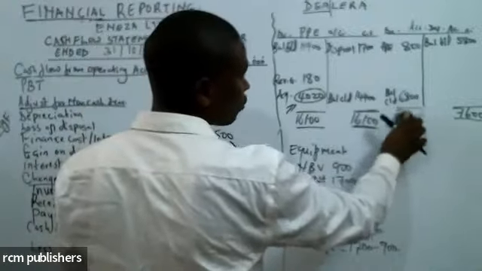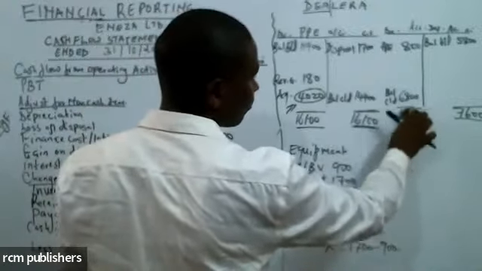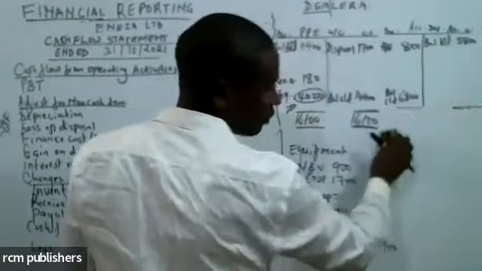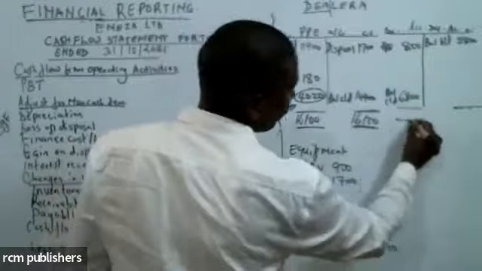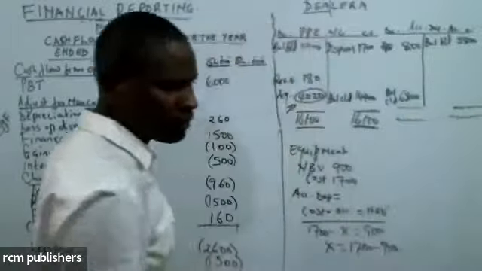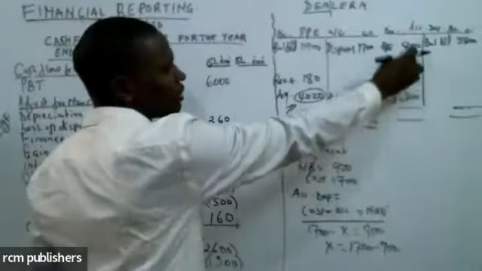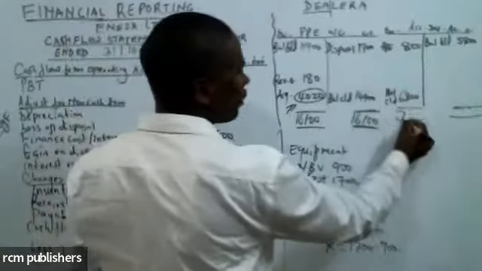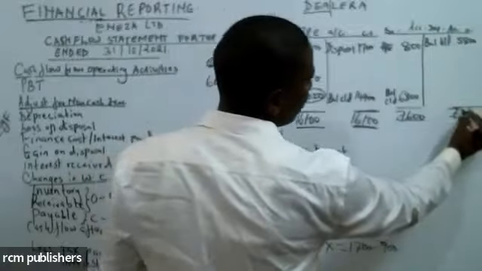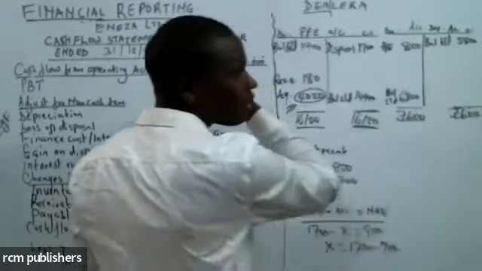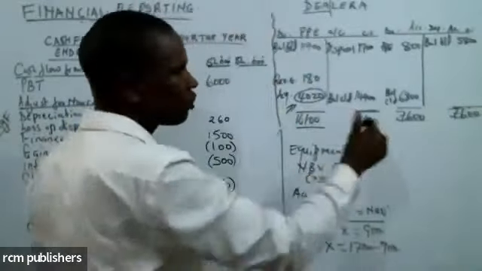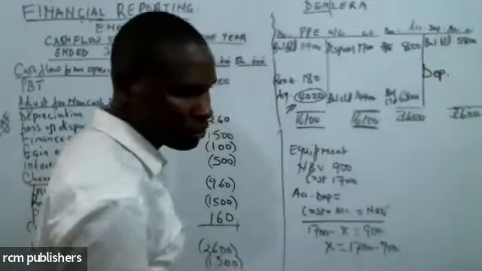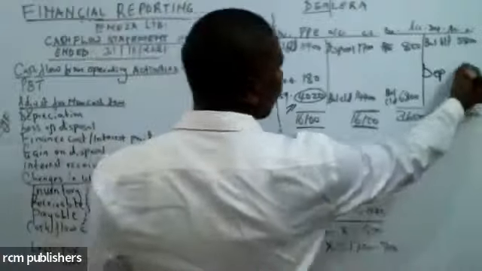Class, can you give me the total of this? Is it 80 or 70? We want to balance 8 plus 6,800. It is 76. So it was okay. 7,600. So toa hiyo tupate our depreciation. Of course, it will be the balancing figure hapa. Depreciation ni ngapi? 1,800.